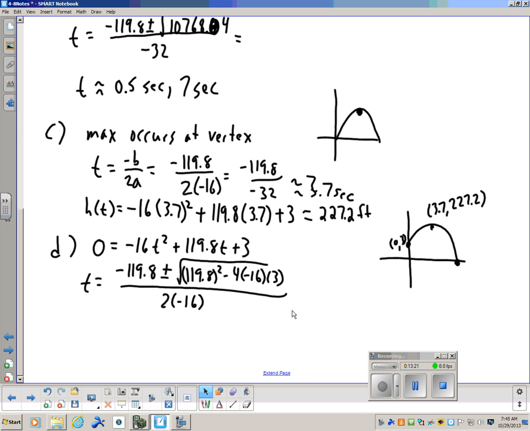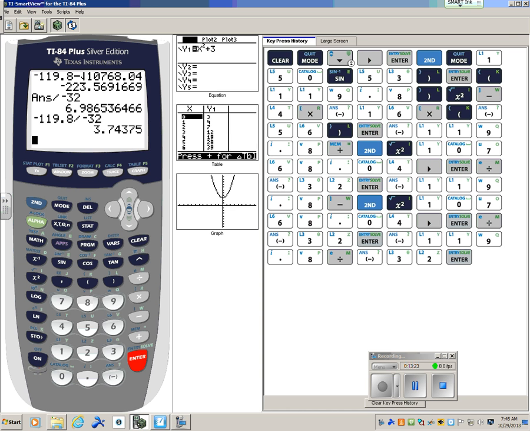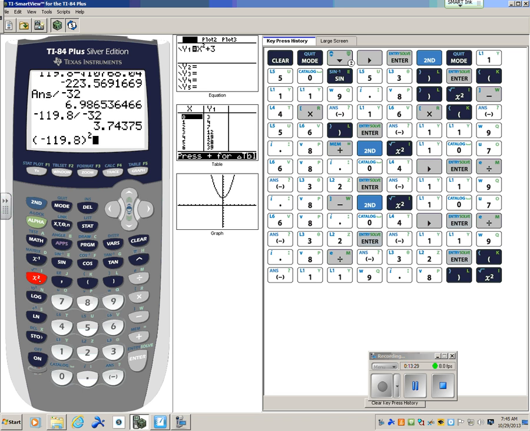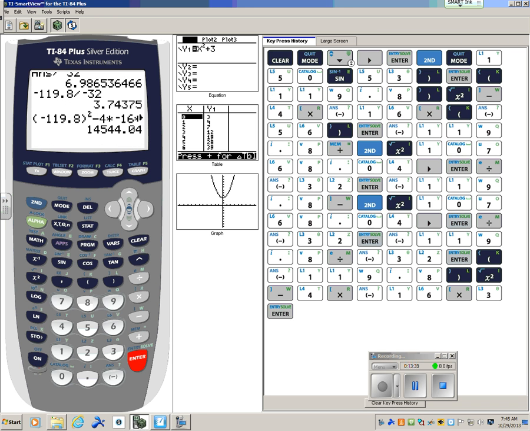So I'm going to plug that into my calculator. So I've got negative 119.8 squared minus 4 times negative 16 times my C value of 3. I get 14,544.04.